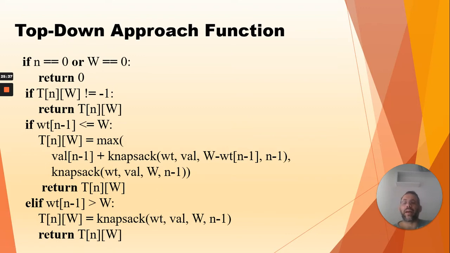So in the beginning, the top-down approach will check if the current sub-problem was solved previously. If it was, it will bring the optimal solution for the current sub-problem without any more computation.